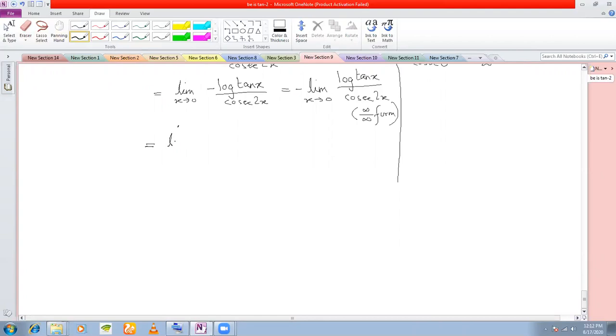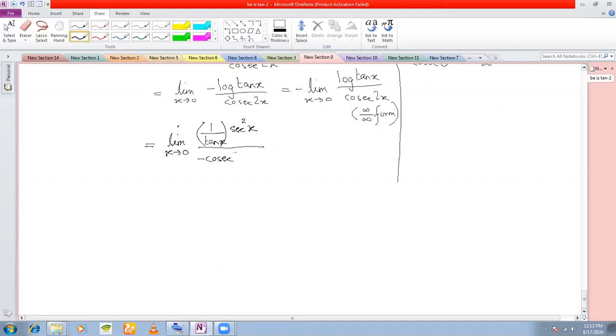So you have limit x tends to 0, 1 by tan x into d/dx of tan x, which is sec square x. And what about d/dx of cosec 2x? What is the derivative of cosec x?